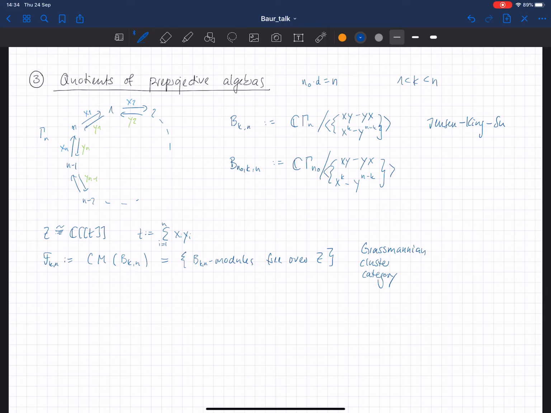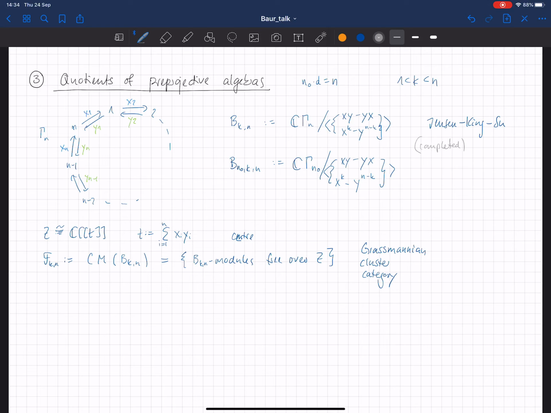So I go around more than once. Okay, so for B, the center of this algebra is very nicely described because we can just use T, which is the sum of all the x_i, y_i, and it's the completed polynomial ring in that. So that's the center. And I should say we take completed versions everywhere.